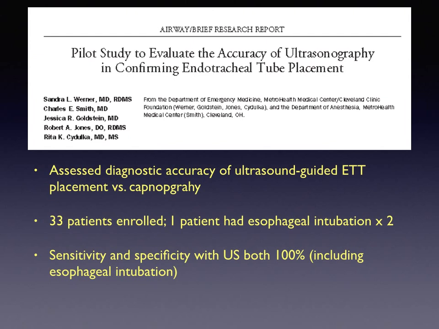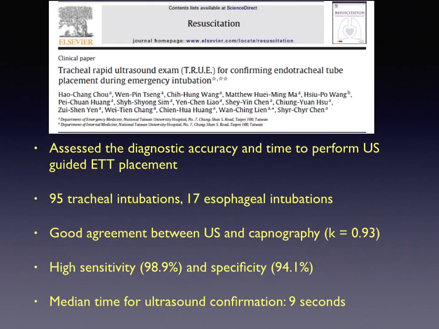The sensitivity and specificity of both emergency medicine physicians on all patients were 100% and 100%. This was a small study, but it showed that emergency medicine physicians can accurately detect the location of the endotracheal tube with good sensitivity and specificity.